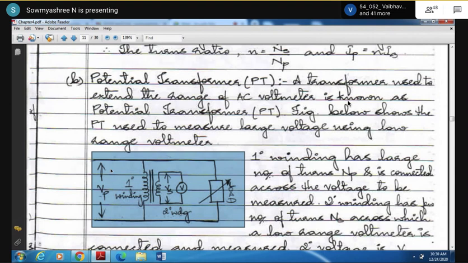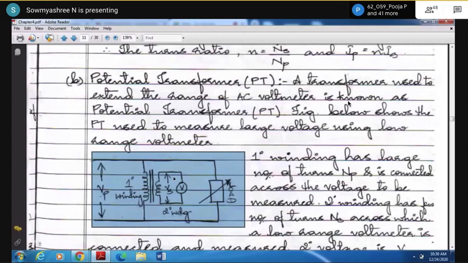The range which has to be extended will be connected on the primary only, because higher ranges are on the primary side. The secondary side will have a smaller range. So the supply will be connected across the primary winding, whereas the voltmeter whose range has to be extended will be connected in parallel with the secondary winding.